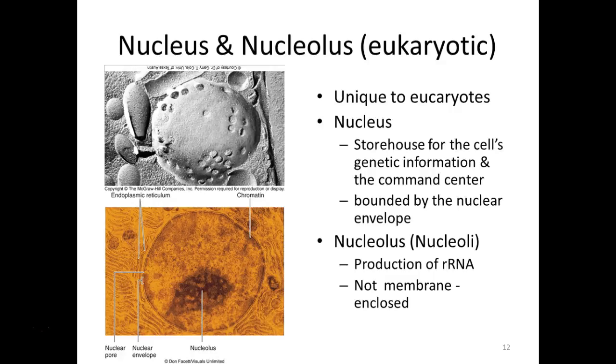So the nucleus and a region within the nucleus known as the nucleolus are unique to eukaryotes, and as we know, that's one of the defining characteristics. But similar functionality, right? We're still talking about storing genetic information. We're still talking about DNA and RNA and protein. The command center of the cell.